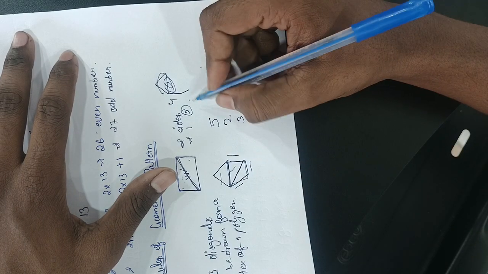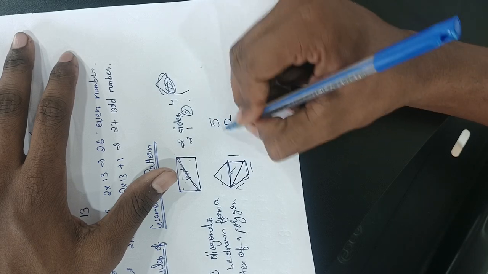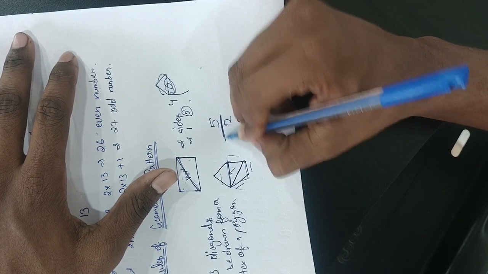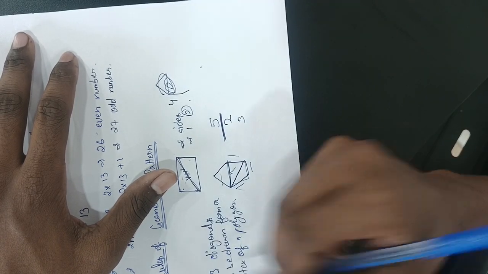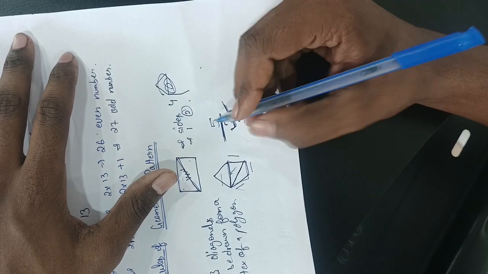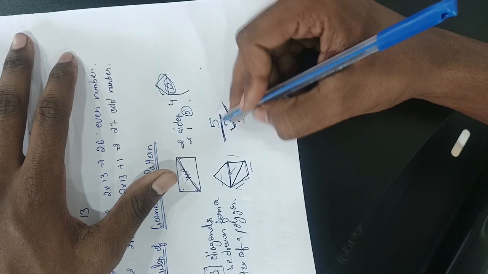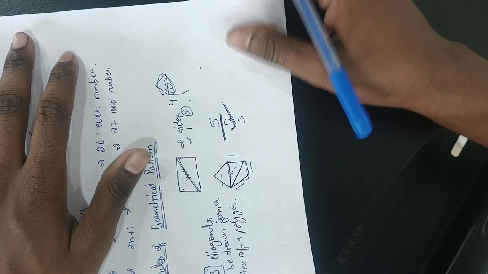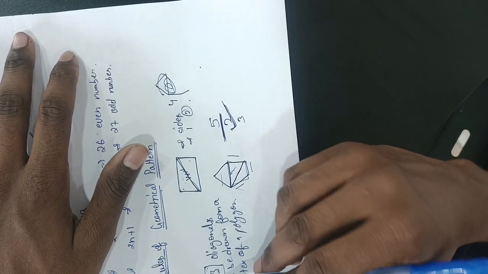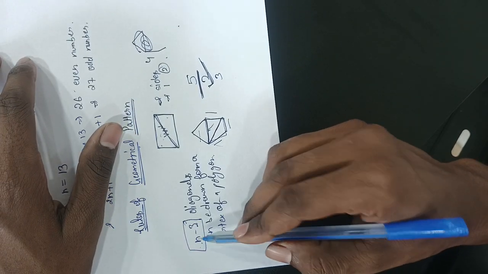Suppose if it is given to you this pentagon, so pentagon is having how many sides, that is 5. Pentagon is having 5 sides, means 5 minus 3, obviously its diagonals will be 2. Understand? From this n minus 3 equation you can find the diagonals on a single figure, how many diagonals it can have. Just you have to put the value at the place of n, that is number of sides.